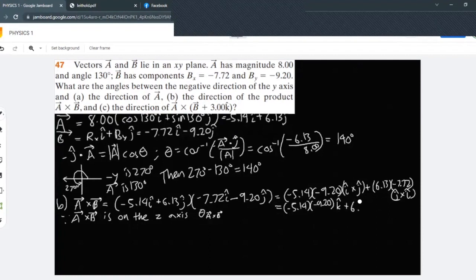K plus negative 7.72 times negative K. And then simplify.